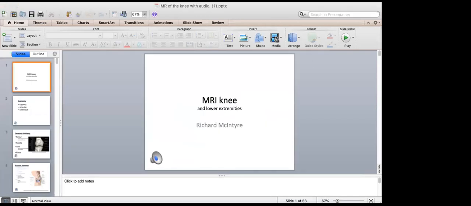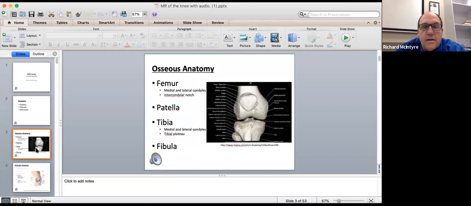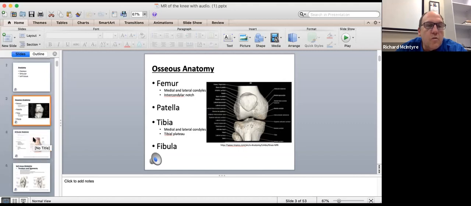Great, thank you. Okay, so the same sort of thing, we're going to concentrate on a little bit different aspects of the knee, but the same sort of tasks. So we're going to look at osseous, articular, and soft tissue structures in the knee. We've got a list of osseous structures there, and of course we've got the PowerPoints that you need to study or revise.